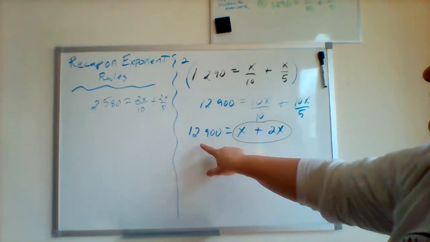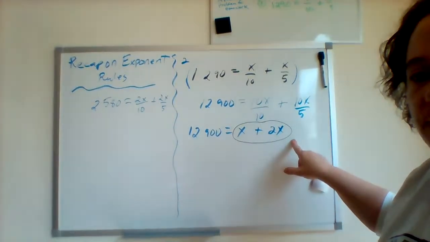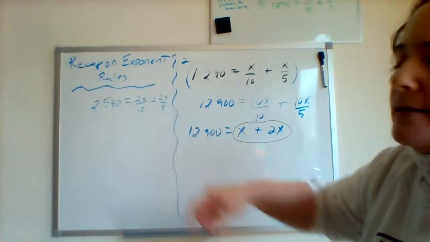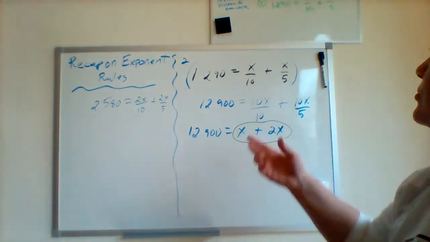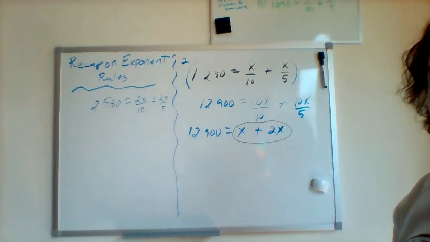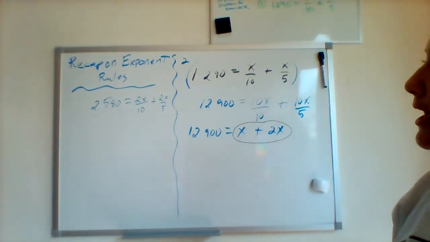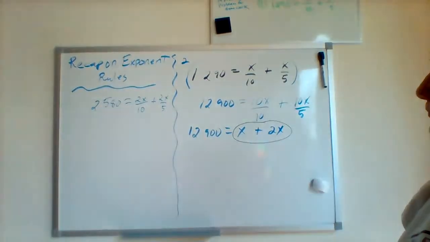But hopefully you see that on this side, I don't have a fraction anymore, but on this side, I still have a fraction. And the second strategy is to go ahead and just add the fractions. That is the second strategy, so we'll go back to that. Now back over here.